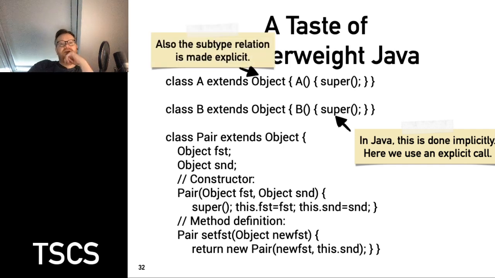And also the subclassing relation here is made explicit. In Java, everything inherits from Object anyway. In Featherweight Java, you really have to make that distinction very clearly. So you can have class B extends A, of course, but if you do not extend anything else, you at least extend Object.